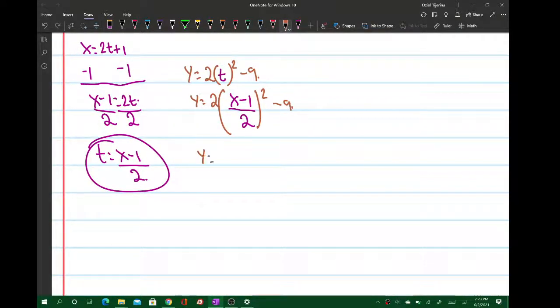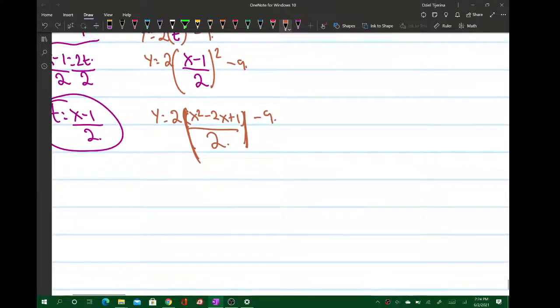So y equals 2 times x squared minus 2x plus 1 over 2 minus 9.